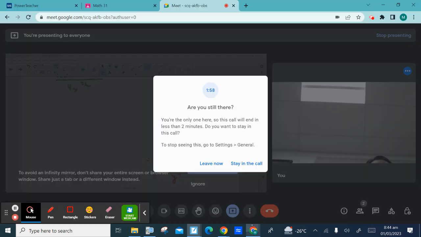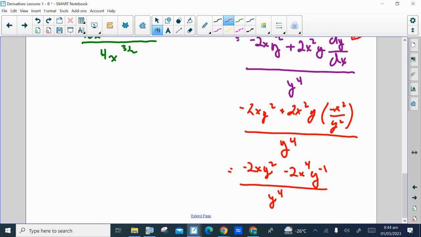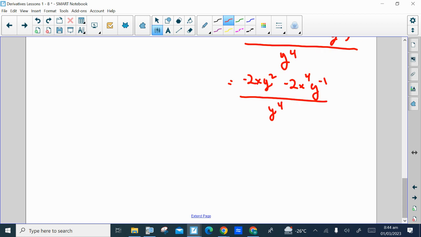And once again, there are a few things that we can do here to simplify this further. So here we go. First thing is that y to the negative 1 on top could be written as a denominator. We've got negative 2xy squared minus 2x to the 4th over y, and that's all over y to the 4th.